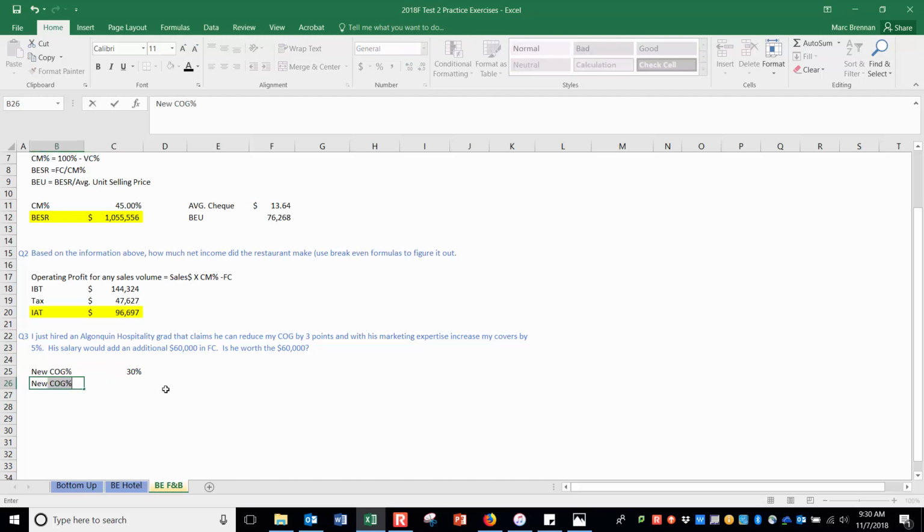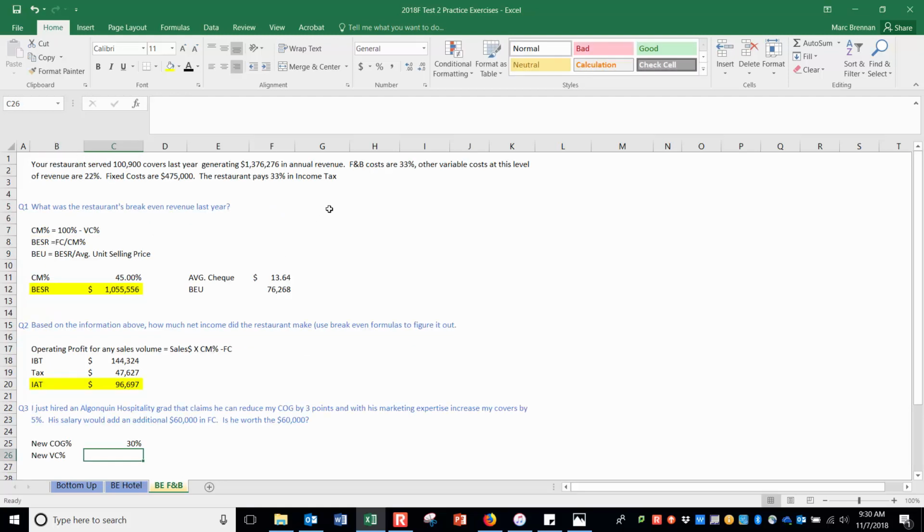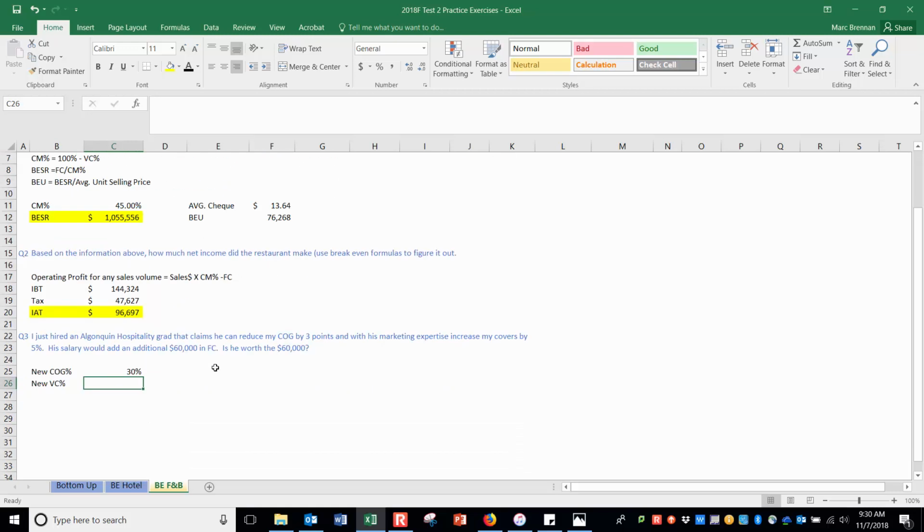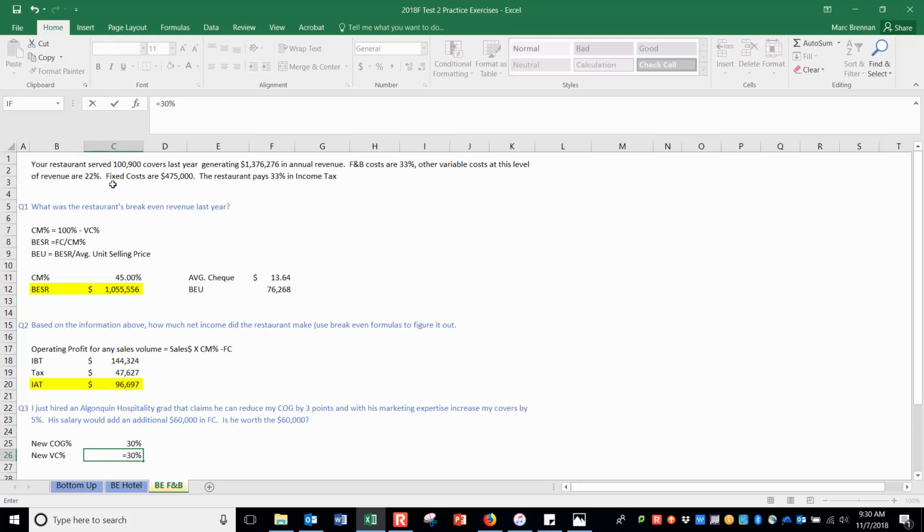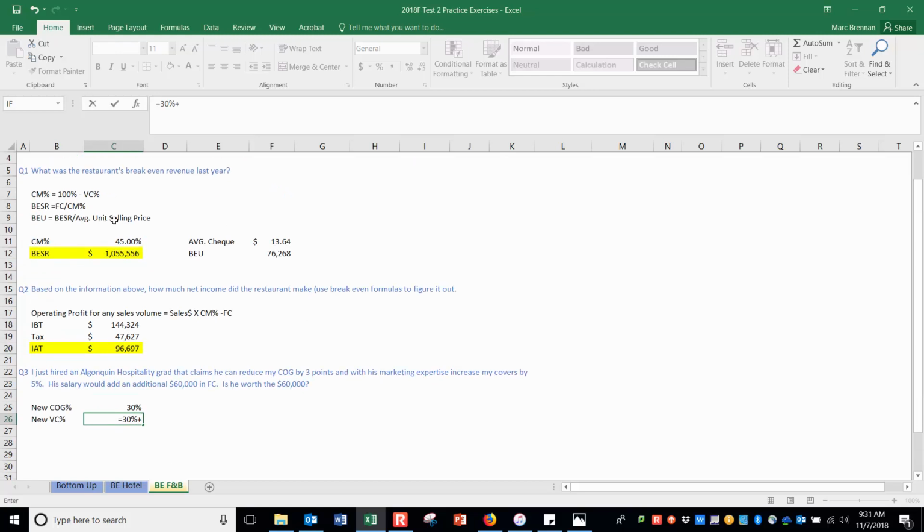So that's going to affect my variable cost percentage, right? Because before I added my food and beverage cost, which was 33%, and my variable cost, which was 22%. I had 55% before. Now it's going to be 30% plus the other variable costs, 22%.